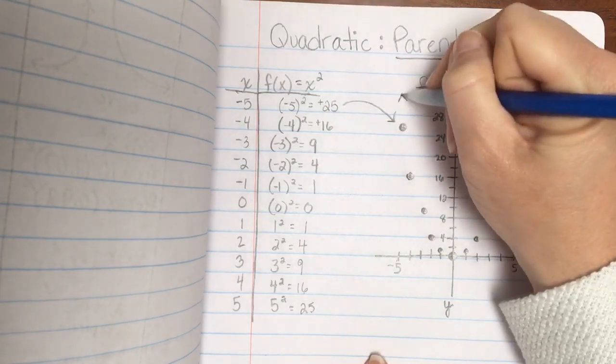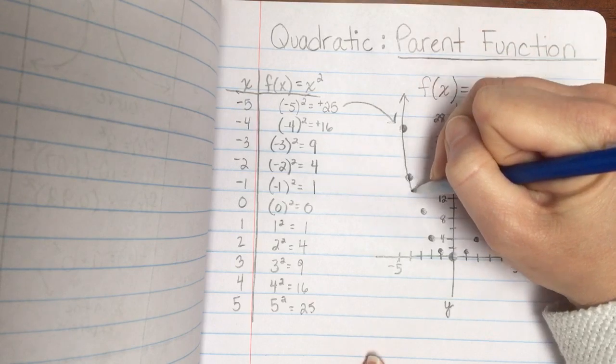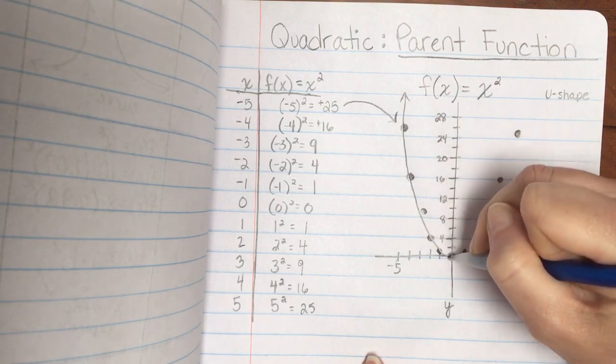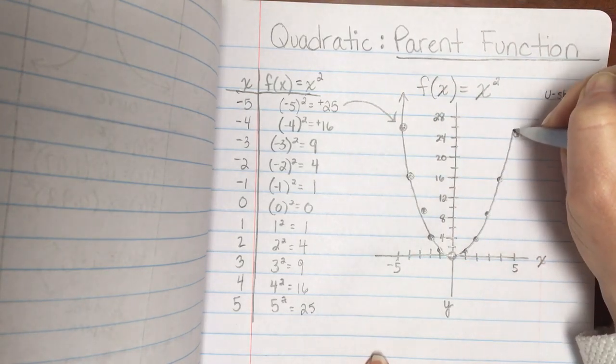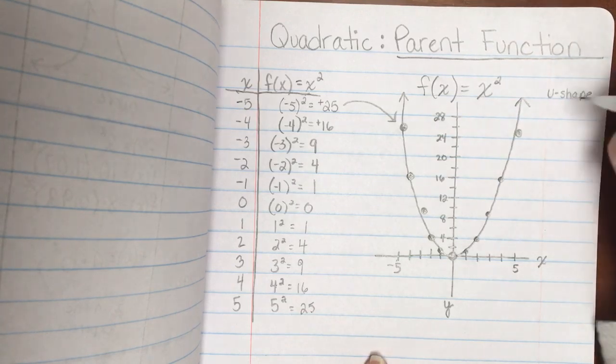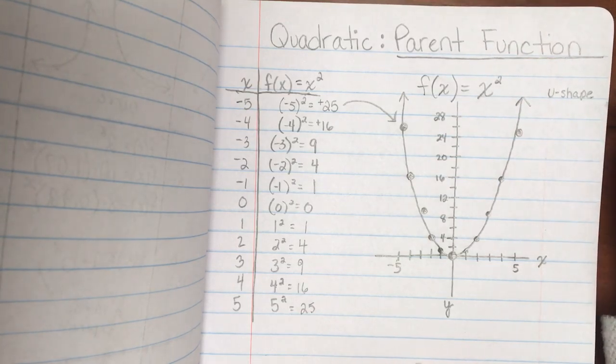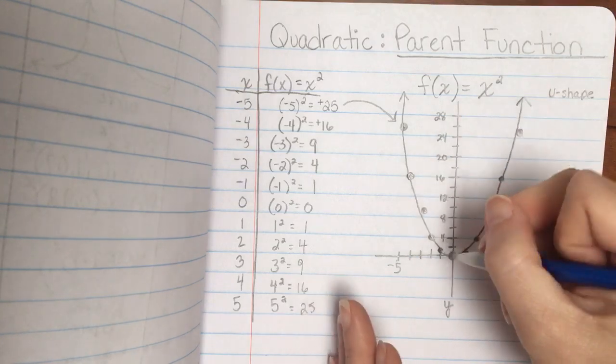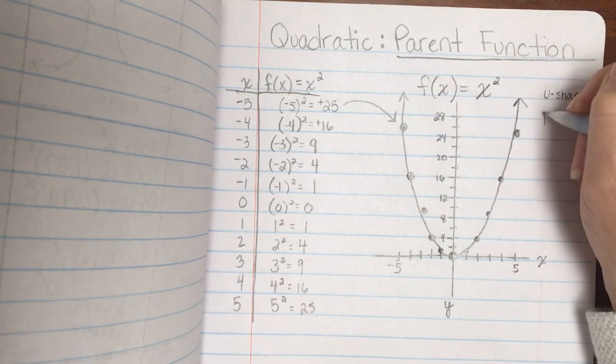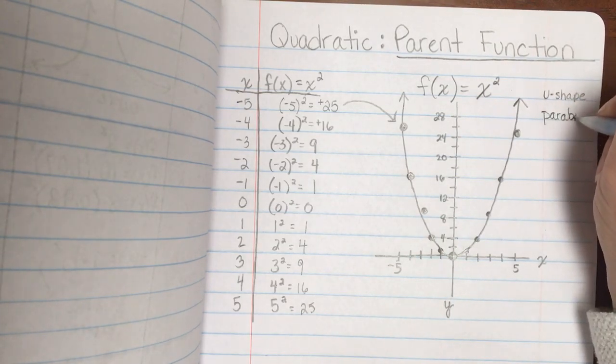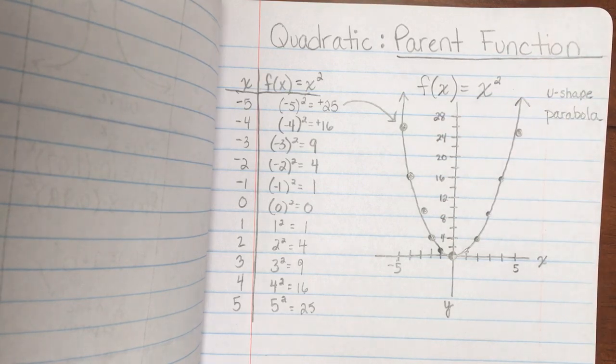So we are going to connect these, but make sure you curve that bottom piece. U-shape. Does anyone remember what that U-shape is called? Not a V. Make it very curvy on the bottom. It's called a parabola.